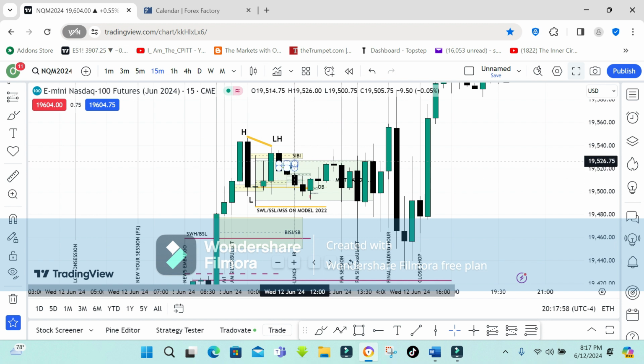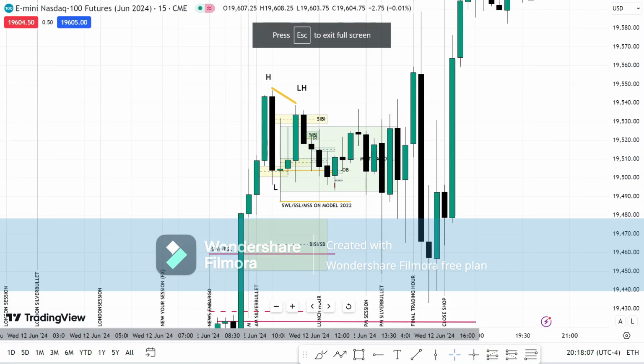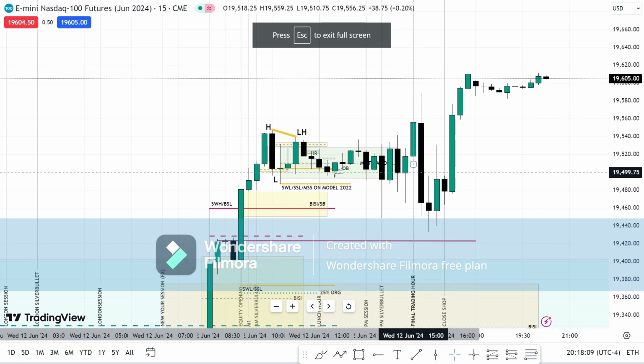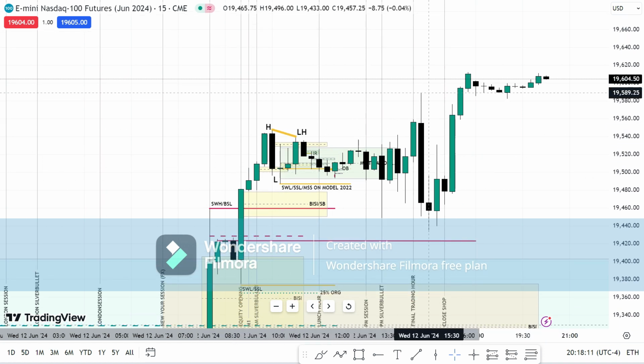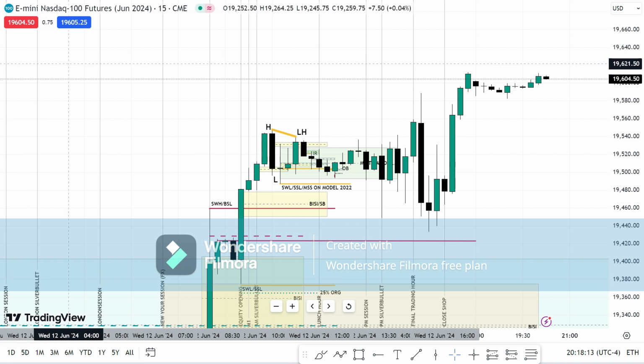For me, I was already out of the market when I took that loss. What I did was close the chart and go do something else. What I will do for now is not annotate this chart. I'll just go to the micro contract.